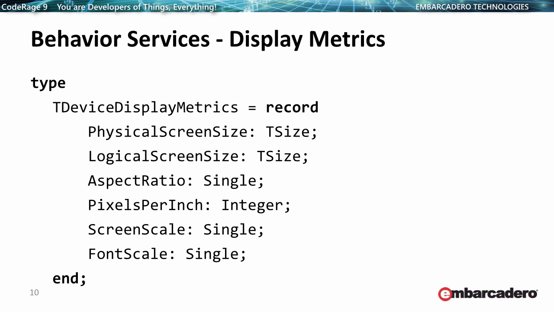Then the new iPad Retina display had 4 times that, so it's twice as wide and twice as long, 2048 instead of 1024. That was the physical screen size, 2048 wide, but the logical size was still the same. It was still a logical screen size of 1024. Okay, so that's the difference between logical and physical. We also have the scale, font scale, aspect ratio, and pixels per inch there. So aspect ratio is going to tell you landscape versus portrait, for example.